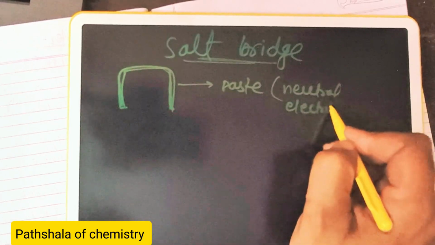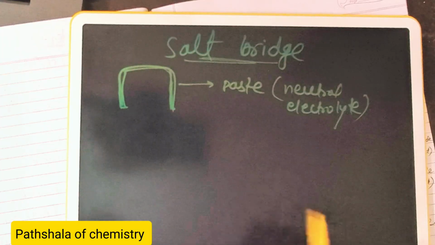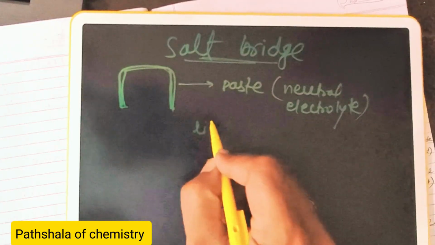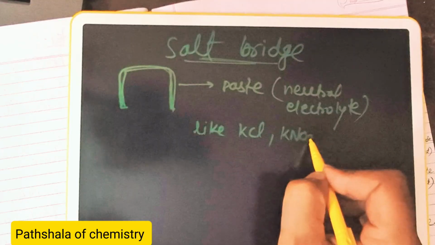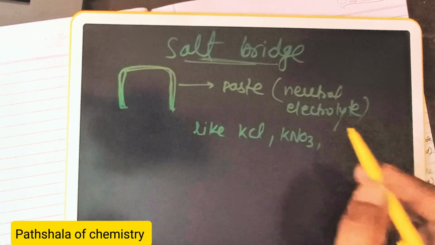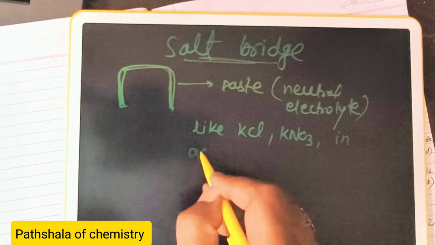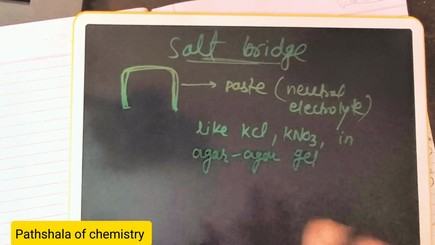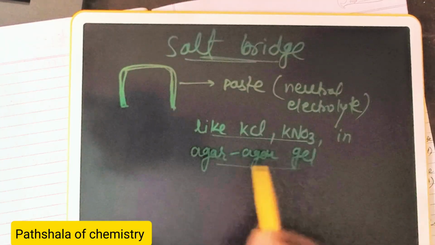Neutral electrolyte means such kind of electrolyte which should not interfere in the chemical reaction inside the cell, like KCl, KNO3 (potassium nitrate), or ammonium chloride in agar gel, meaning a semi-solid material formed with the help of KCl in agar solution.